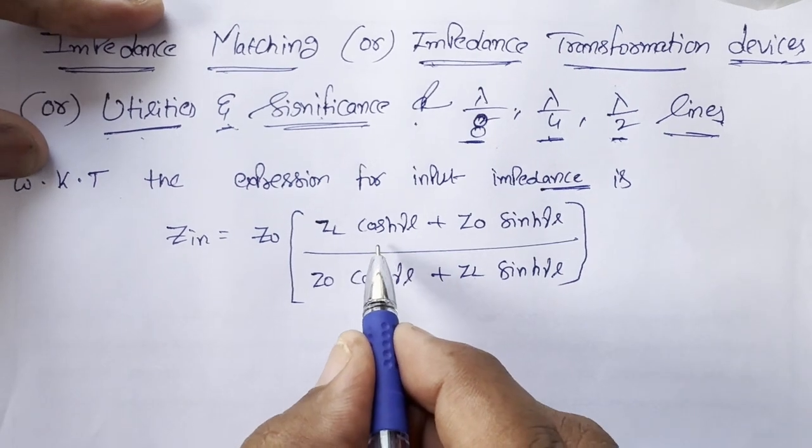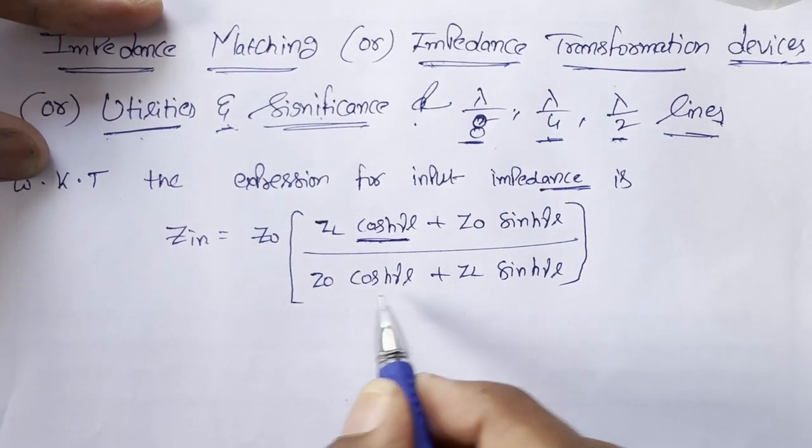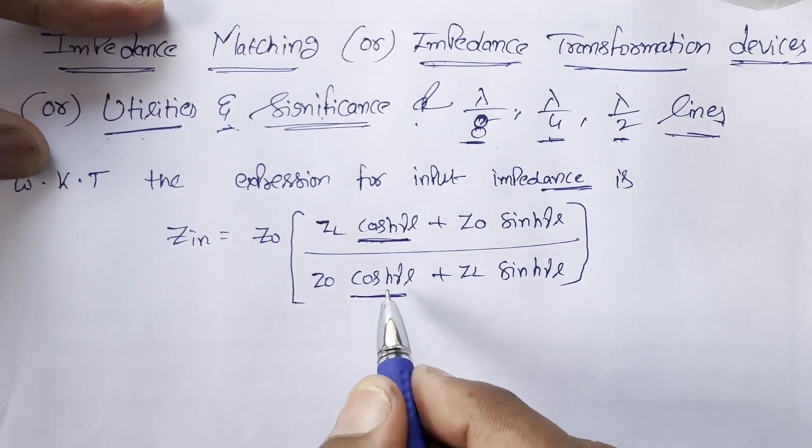Now I am taking cosh gamma L as a common term from the numerator and denominator.